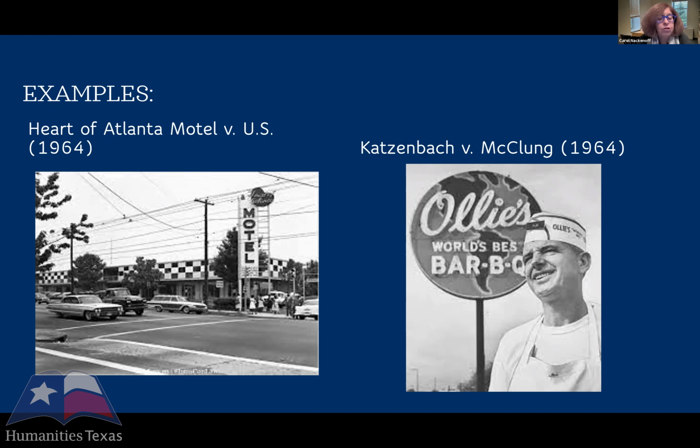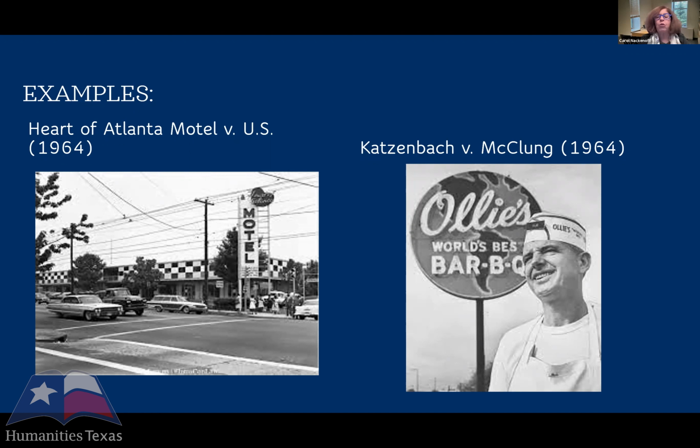It sat very close to the interstate. It pointed to the exit. A large percentage of the people staying there were coming from out of state because they had the logbook. The 1964 Civil Rights Act forbade racial discrimination by places of accommodation if their operations affected commerce. So the court held that Heart of Atlanta Motel could not discriminate because they were impeding interstate commerce.